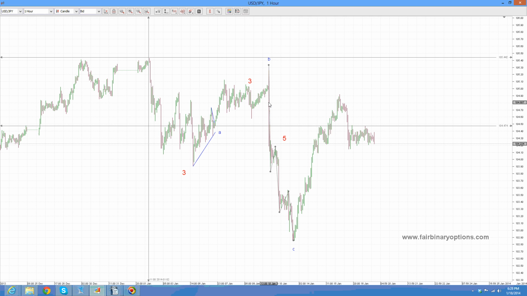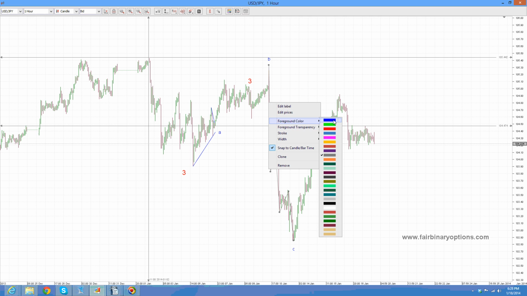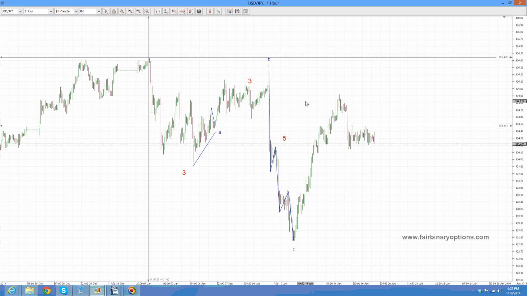And this is being called an impulsive move with a first wave extension. As you can see, the first wave is the longest one. It is extended more than 161.8. And then you look at the other Fibonacci relationships between the third wave and the first wave, the fifth wave and the third wave, and so on and so forth.